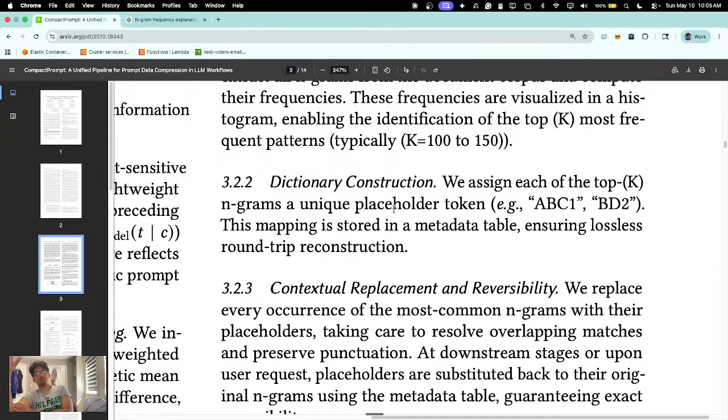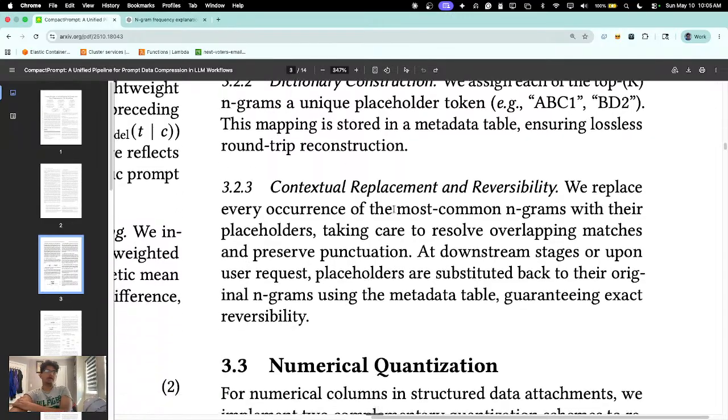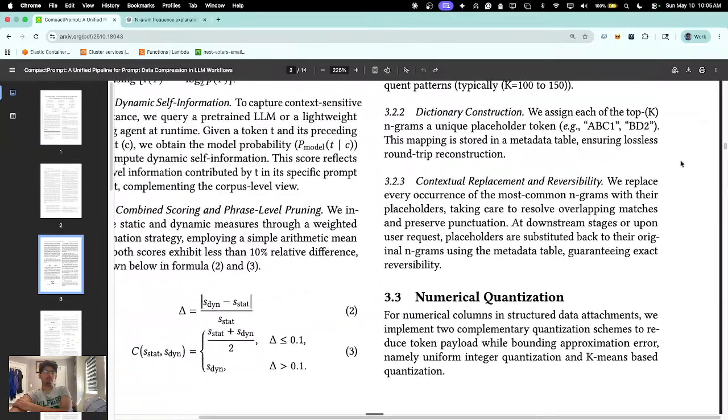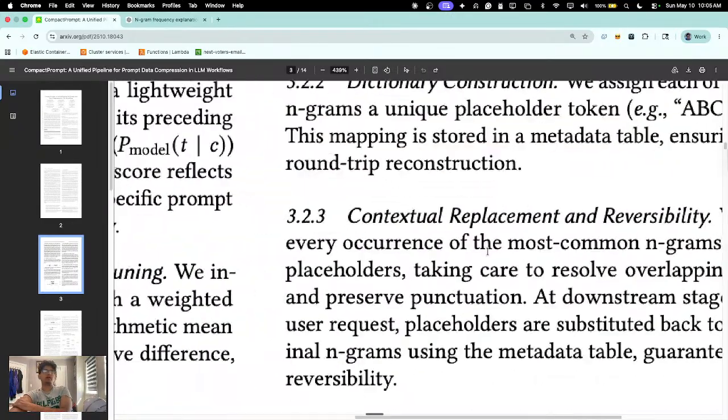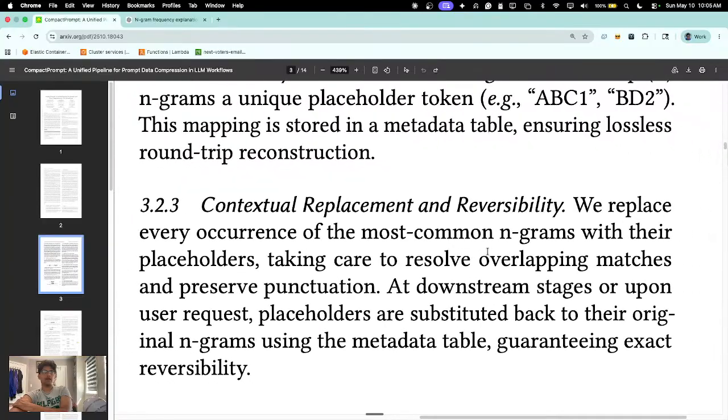Because each of these n-gram patterns are going to be changed to something else, you still have a record of the original n-gram because of this table.